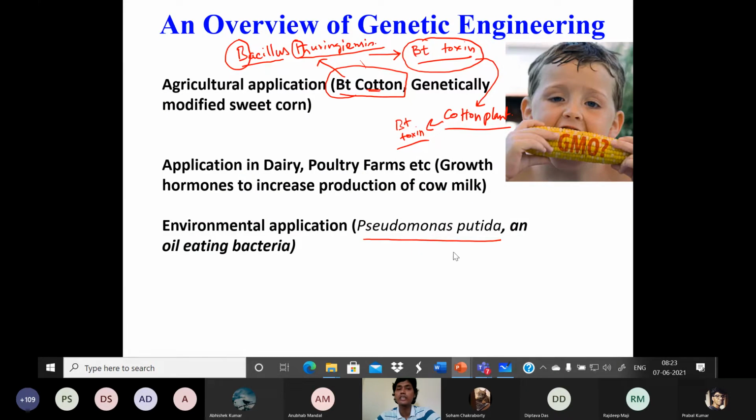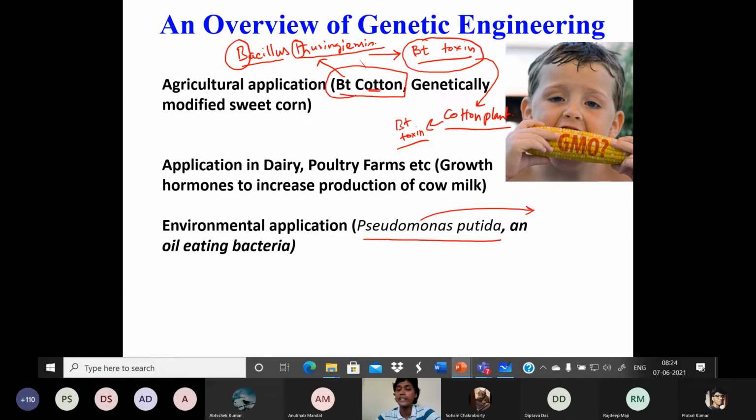So particularly, I would like to mention one thing here. This oil-eating bacteria, one of the major scientists who worked on this and contributed a huge amount of findings here, his name is Dr. Ananda Mohan Chakraborty. So he is actually Indian and he studied in Kolkata University.